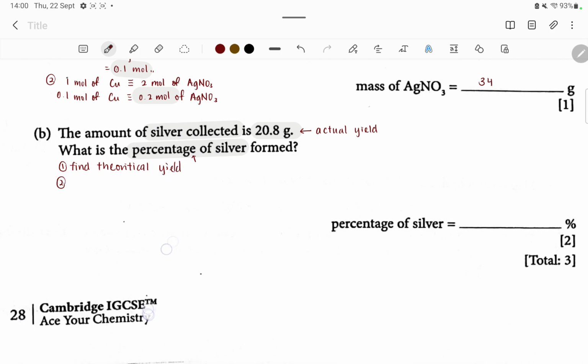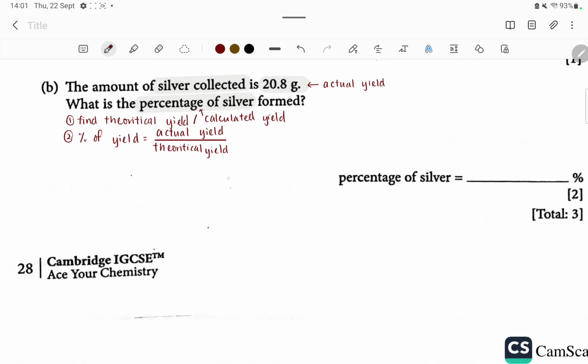And then after that, percentage of yield equals actual yield over theoretical yield, or you can say calculated, and then times 100%.